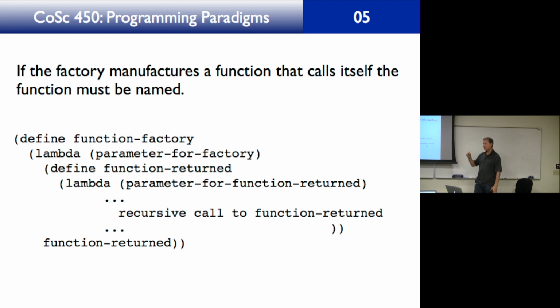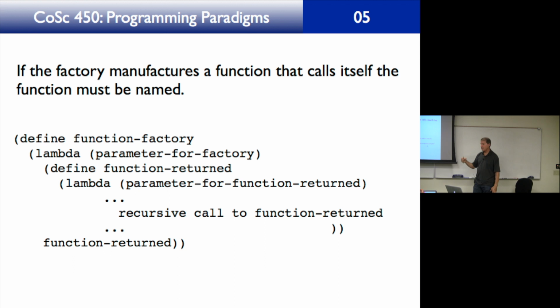Because look, if a function is recursive, what does it do? It calls itself. So in order to have a statement in a function that calls itself, that function has to have a name. Do you see what I mean?